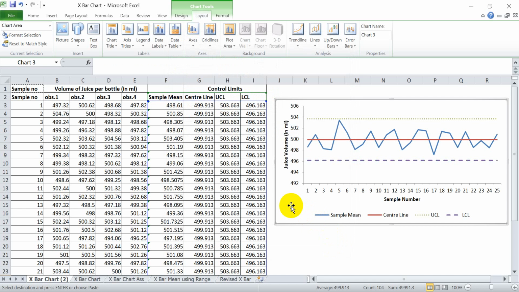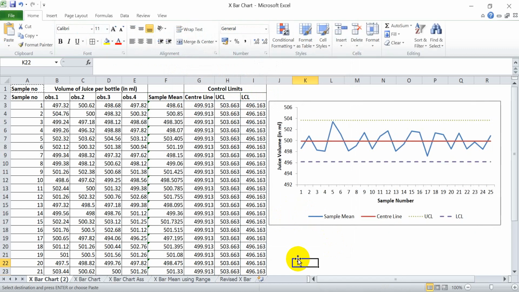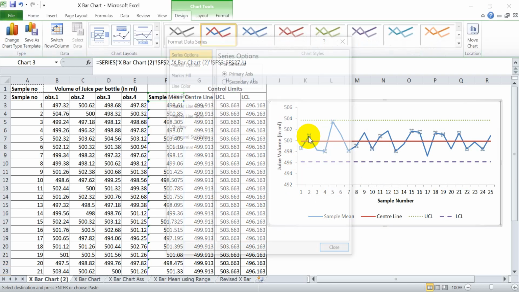I hope you get our understanding after modifying this chart. So these are all the sample numbers. This is the juice volume in ml. This upper line represents the UCL, the upper control limit, and this dotted line represents the LCL, the lower control limit, and this red line represents the central line or the mean value.